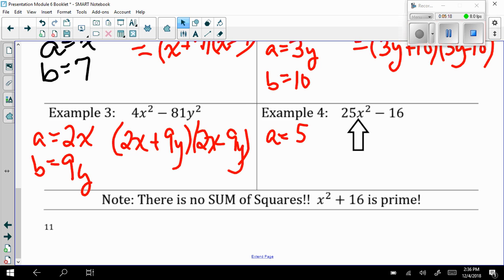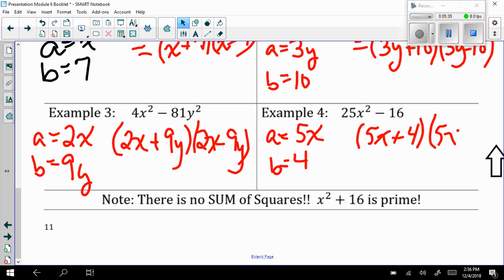Square root of 25 is 5. Square root of x squared is x. To find my b, I do the square root of that, which is 4. And then a plus b, a minus b. And that's it.